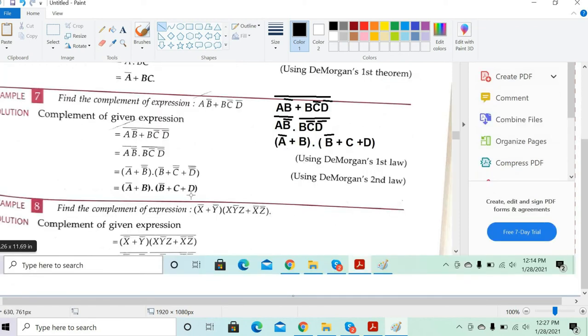Find the complement. Same thing, De Morgan's theorem you understood now. Just apply De Morgan's theorem.